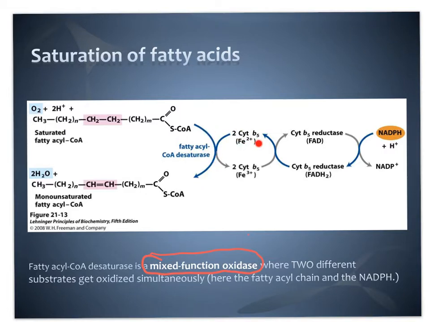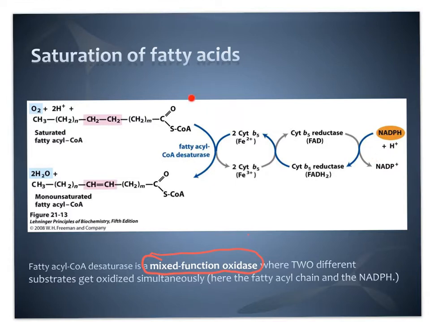It's not so important to me that you know that this one's called B5, but it's a cytochrome. That cytochrome then has to be regenerated, and it's regenerated by another enzyme activity called the cytochrome B5 reductase. That reductase utilizes FADH2. You've got to get the FADH2 back, and it's what takes the electrons from NADPH to make NADP+.